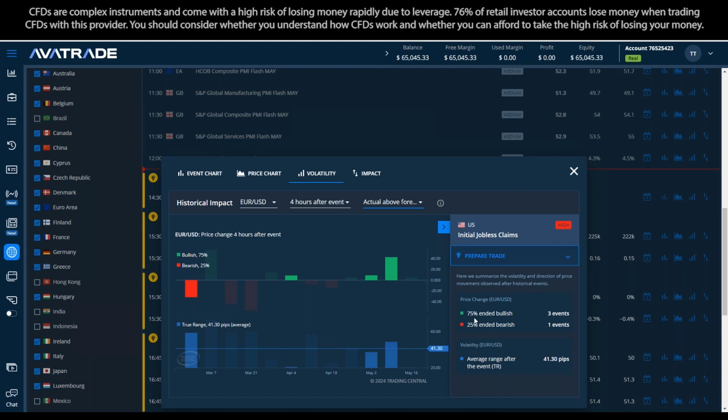Now, why would that happen? Exactly what we just talked about, right? So if the jobless claims are higher than expected, then that increases the expectation that things are slowing down in the US, and so then interest rates maybe could be cut sometime this year.